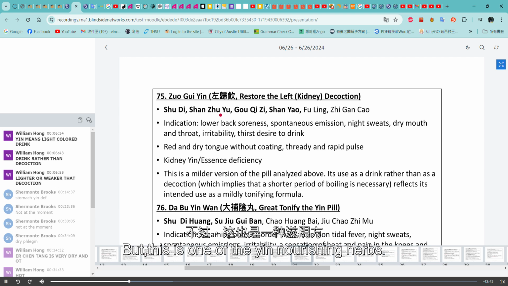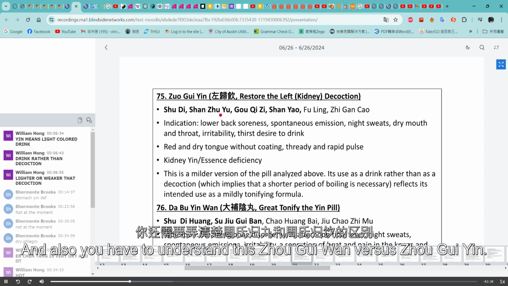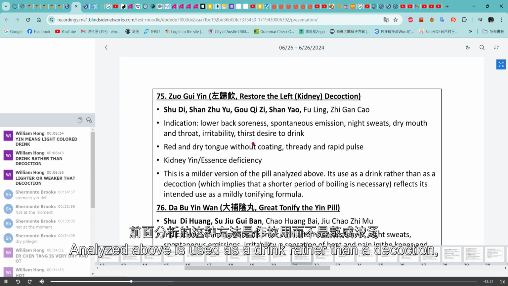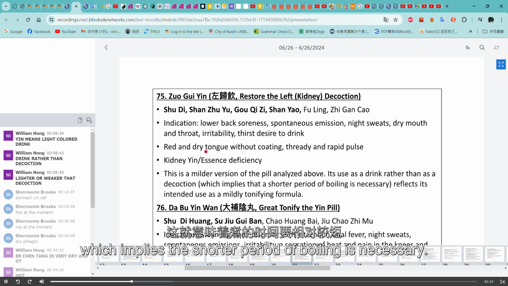But this is one of the yin-nourishing formulas, and you also have to understand Zhugui-1 versus Zhugui-in. The yin is much lighter. So this is a milder version of the pill. Pill means Zhugui-1, analyzed above. It is used as a drink rather than a decoction, which implies a shorter period of boiling is necessary.